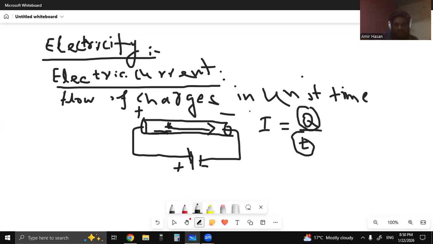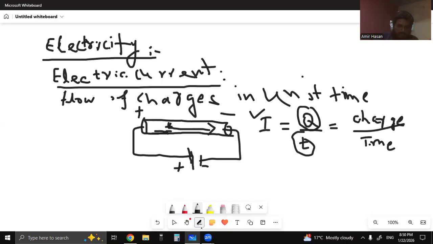Here, Q means the charge and T is the time. So the flow of charge in unit time is known as the current.